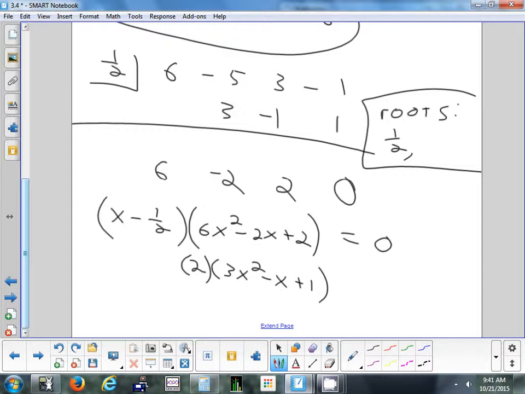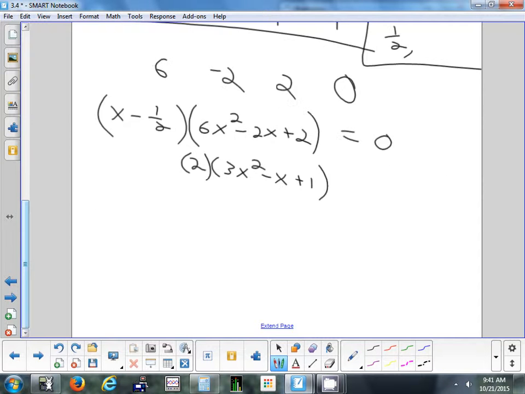I don't think we can factor that. Two numbers that multiply to give me 1 and add to give me -1. Okay. So let's just set up the quadratic formula and see what happens. What's A? 3. And B? -1.